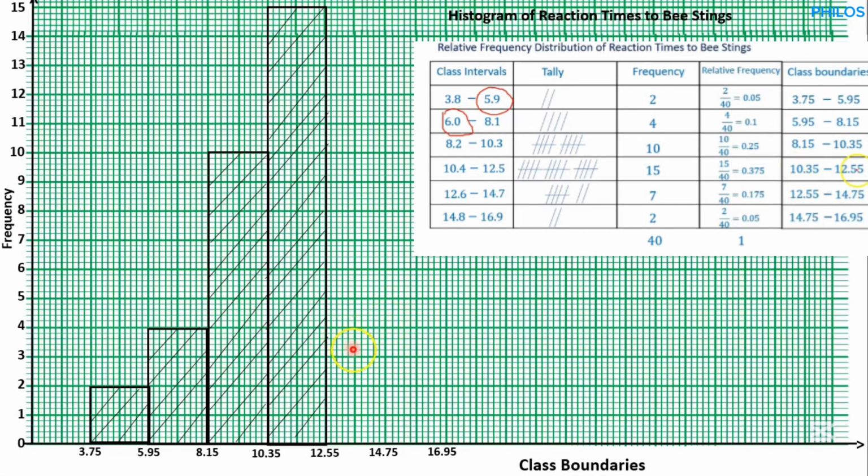The next one, 12.55 to 14.75, has a frequency of 7, so we draw the bar up to 7 and shade inside. The last one, 14.75 to 16.95, has a frequency of 2, so we draw it up to the height of 2 and shade inside also.